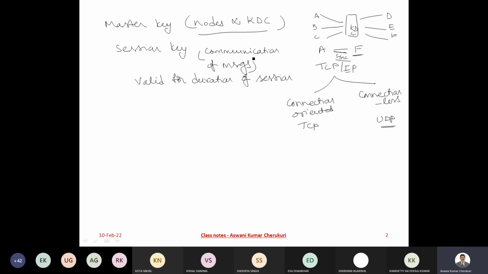So A keeps sending sync messages, F keeps responding with acknowledgements. Is there any fruitful job that F is doing? He's making sure that the message was sent properly. That is the connection orientedness.